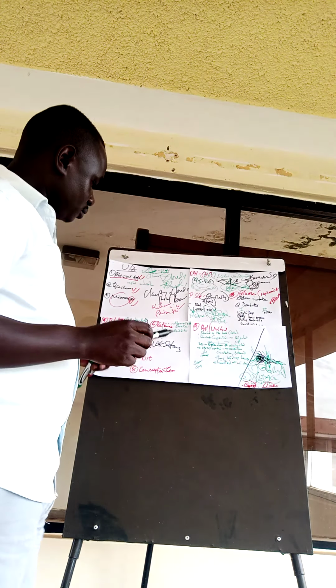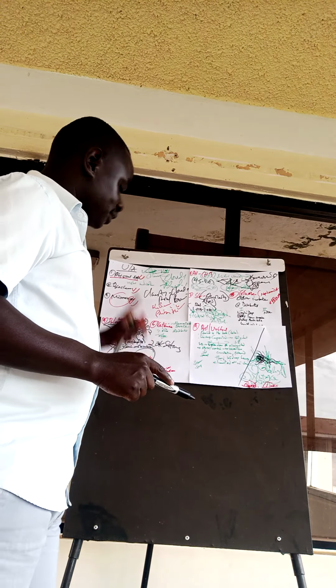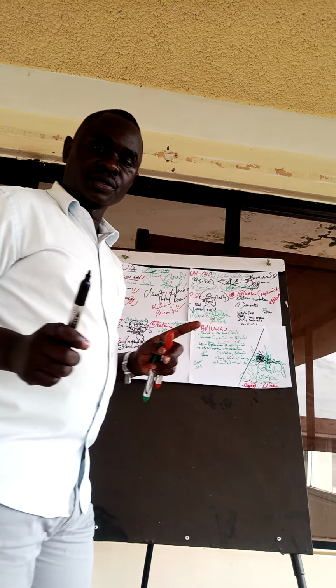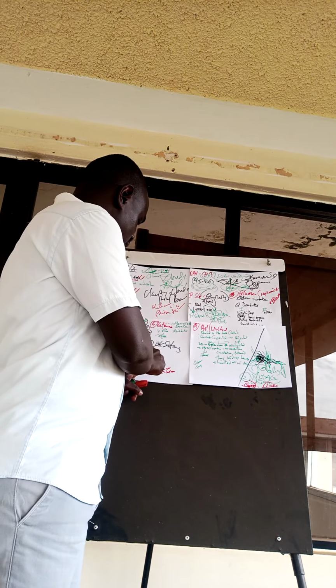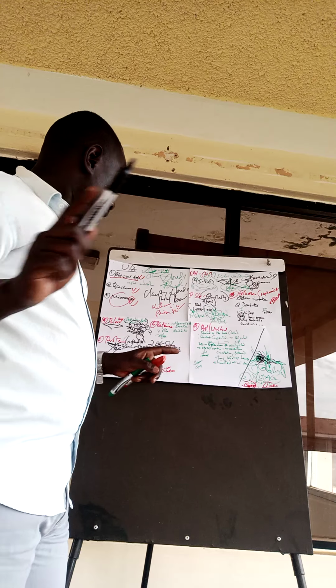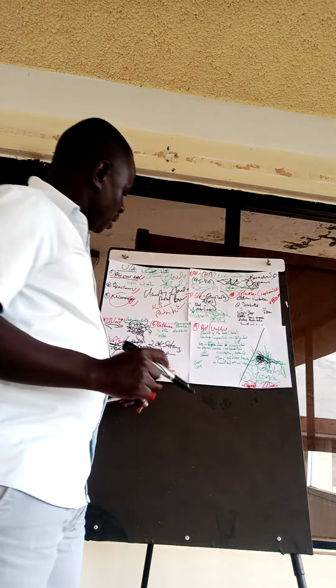Then we have nitrate. Generally, nitrate should never be present in urine. If nitrate is present in urine, then that indicates bacterial infection.